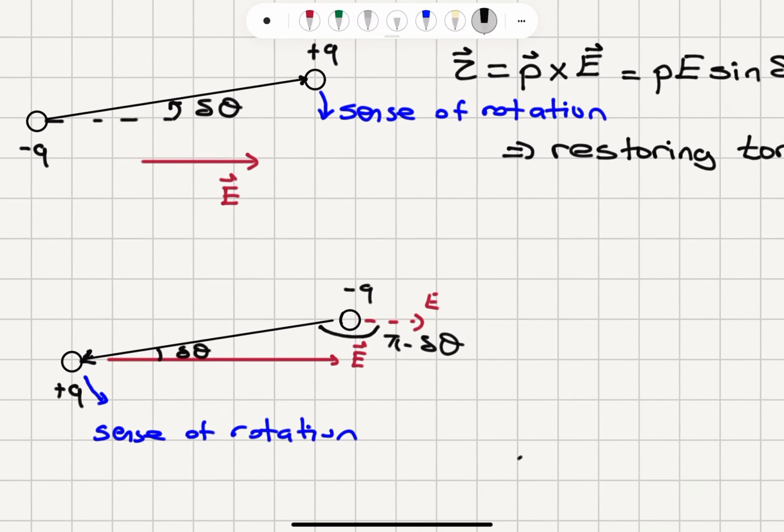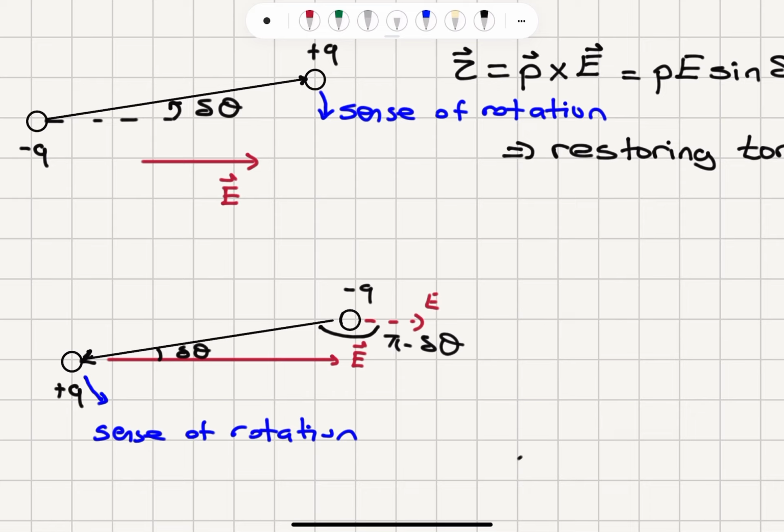If I have the P vector and E vector anti-aligned, now you can see the direction of the torque is P cross E: four fingers point in the direction of P vector, curl them towards E, it's in the k hat direction. The sense of rotation is counterclockwise, so it tries to open up this angle even more.